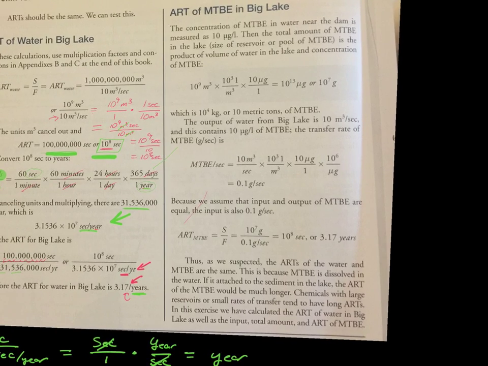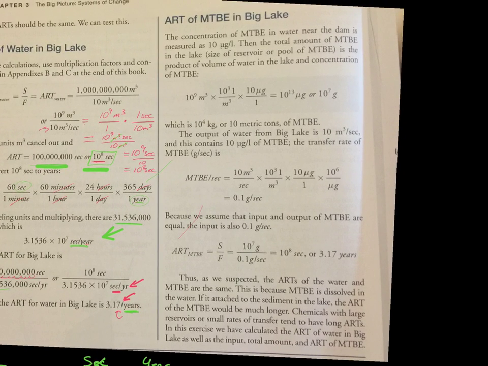So we go ahead and do the concentration of MTBE, and we look at C, and instead of dealing with meters cubed, now we're dealing with micrograms. But even though the units have changed, the concepts have stayed the same, right? What you have is this multiplication, and it's going to be the volume of the lake, which is 10 to the 9 meters cubed.